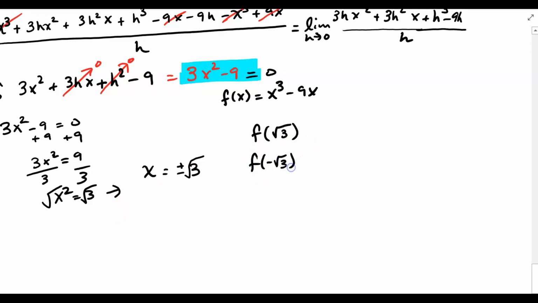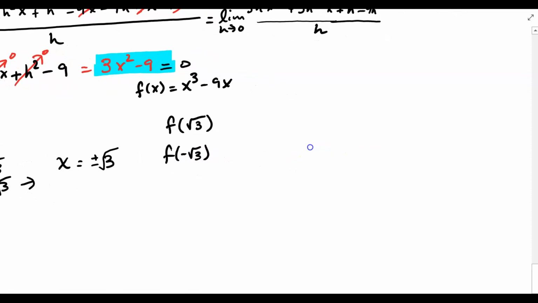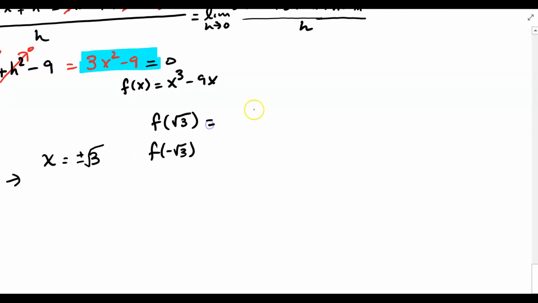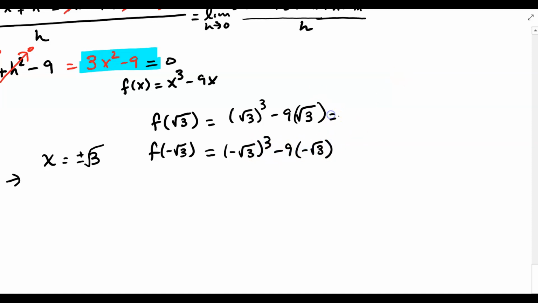So I hope I've given myself enough space here. All right, let's go ahead and check this out. So I am going to have the square root of 3 cubed minus 9 square root of 3. All right, and then here a negative square root of 3 cubed minus 9 times the negative square root of 3. Looks something like that.